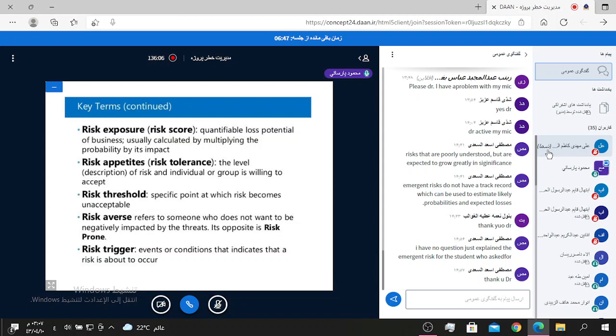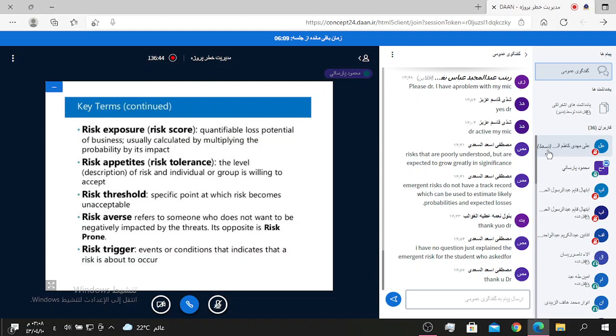After sorting the risks in a list, in the third stage of risk management, that is qualitative risk analysis, we will omit some risks at the end of the list, and the risk threshold is that specific point at which risk becomes unacceptable.